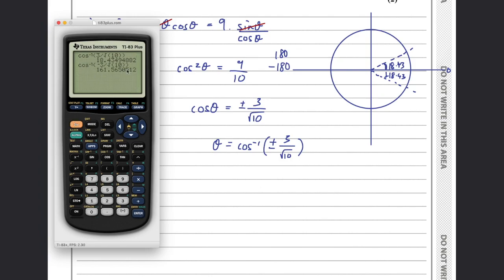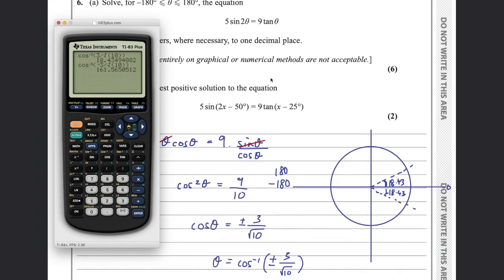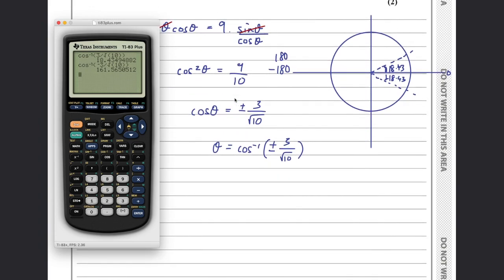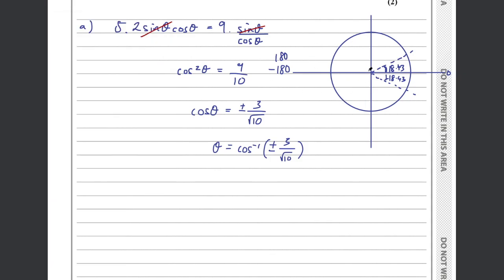And this will give us 161.56. Now, did it say to round off to 1 decimal place? Okay, all right, so this is going to be 161.6. And again, this is either in the second quadrant or the third quadrant.